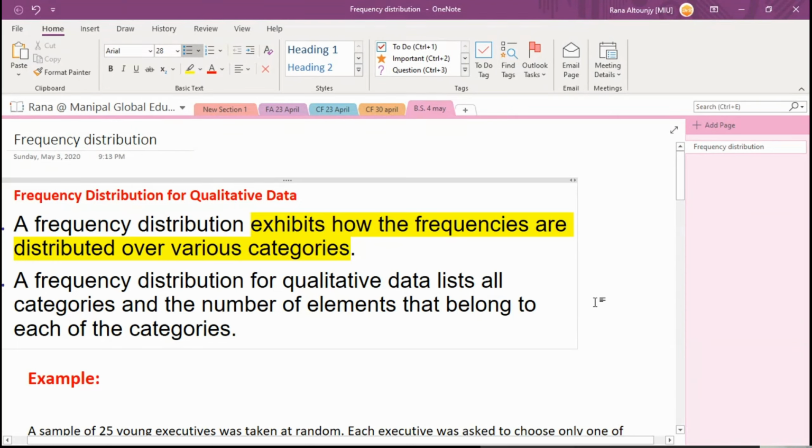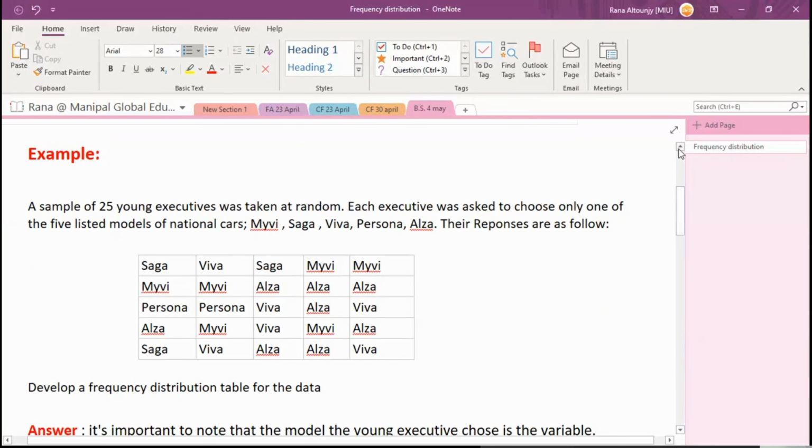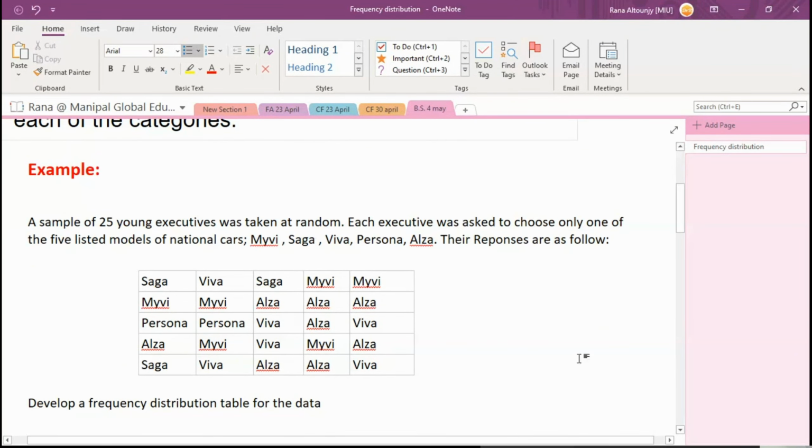This is our example. A sample of 25 young executives was taken at random. Each executive was asked to choose only one of the 5 listed models of national cars: Myvi, Saga, Viva, Persona, Alza. And the responses are as follows.